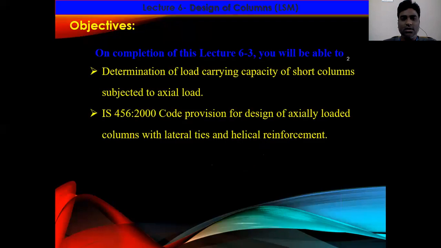After completion of this lecture, you will be able to determine the load carrying capacity of a short column subjected to axial load only. And we will discuss some codal provisions which are used to design axially loaded columns with lateral ties as well as helical reinforcement.